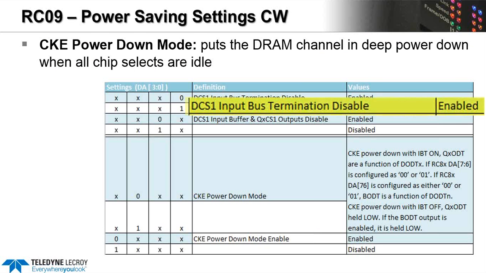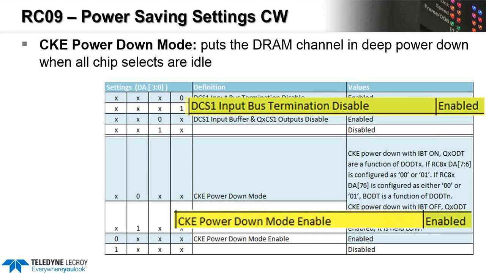This is similar to ODT, only for the register. The IBT resistors are integrated on the RCD, and they help reduce stub reflections. There's also something called CK8 power down mode, which lets the register put the DRAM channel in power down when all the chip selects are idle. So there are a lot of controls for the RCW, and similar controls for the buffer chips.